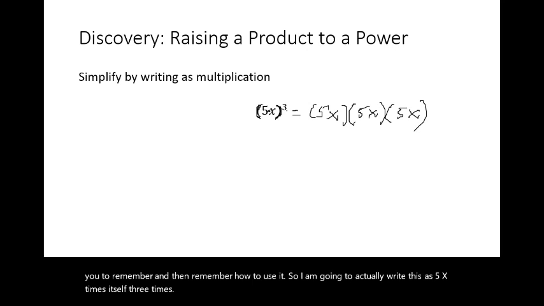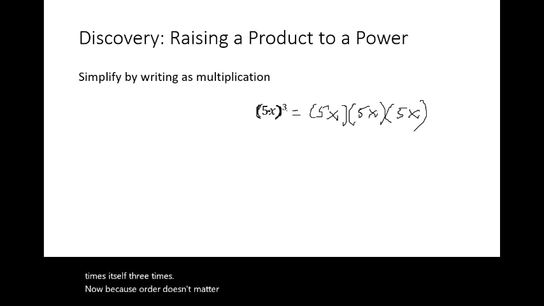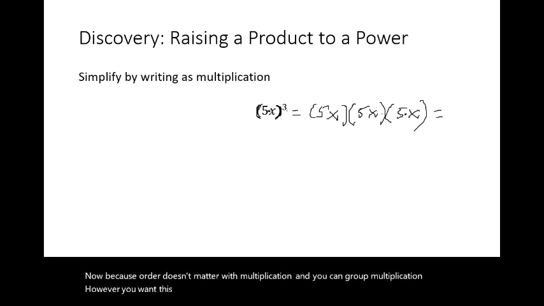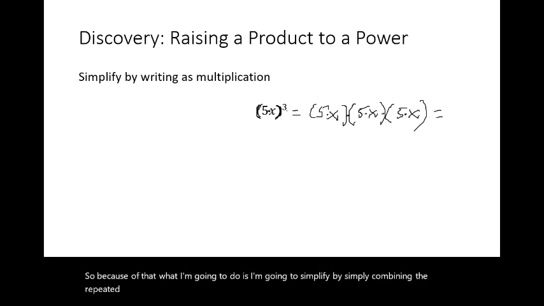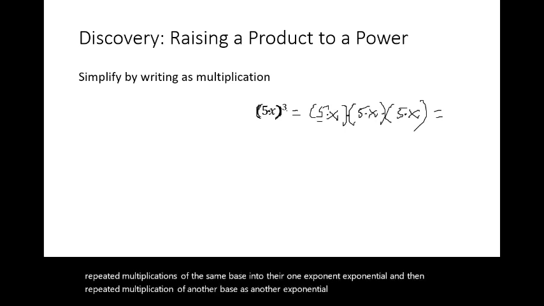Because order doesn't matter with multiplication, and you can group multiplication however you want, this is just one giant string of multiplication. So I'm going to simplify by combining the repeated multiplications of the same base into one exponential, and the repeated multiplication of another base into another exponential. For example, I have this 5 here.